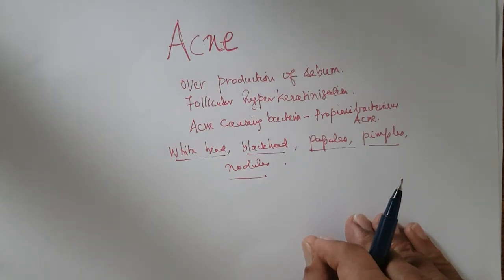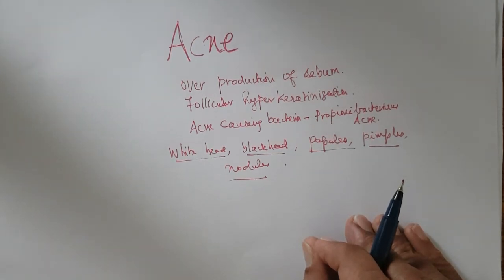Okay, that is called pimples. Then large solid painful lumps beneath the surface of the skin are nodules, right? So these are the various conditions. All these conditions are generally called acne, right?